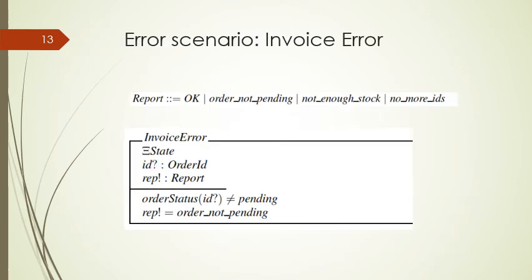Now we specify schemas to model the response of the system in case of error scenarios. In order to model the response of the system, we need to define a free type with the name of report, and the free type definition has four values which are listed against the free type.